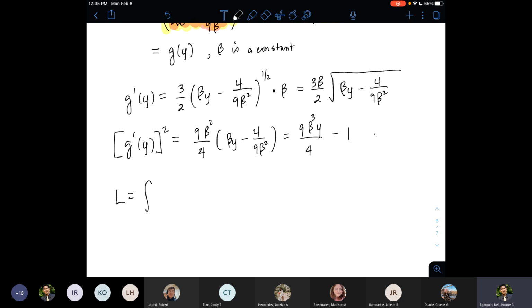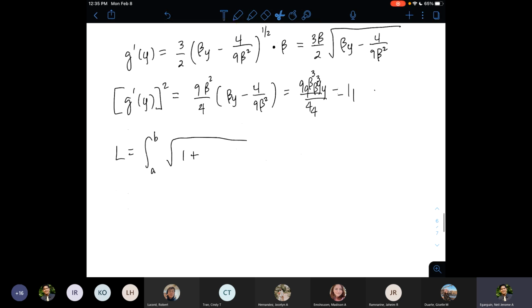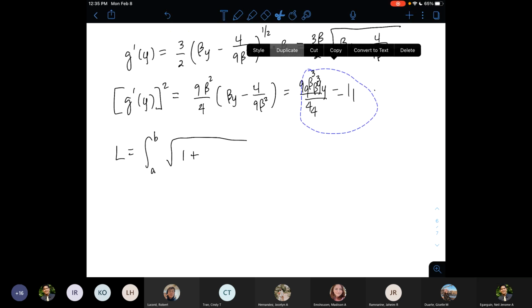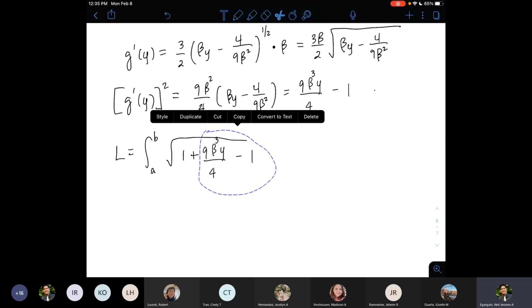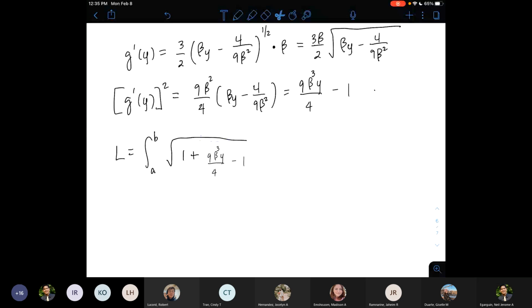The arc length is the integral over the interval. The interval given is a to b. We were not told what the exact values of a and b are, so let's just keep it a and b. Inside the integral will be the square root of 1 plus g prime squared. We already knew what g prime squared is, so I'll just copy this over. And then dy.